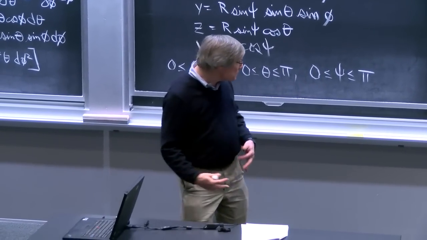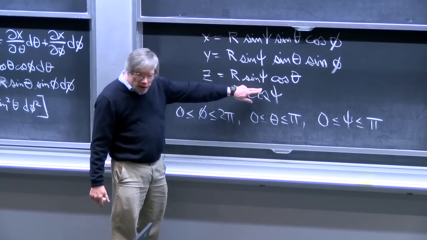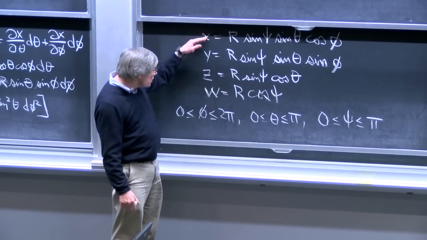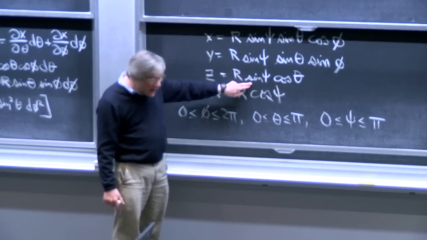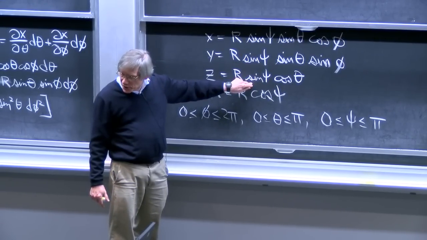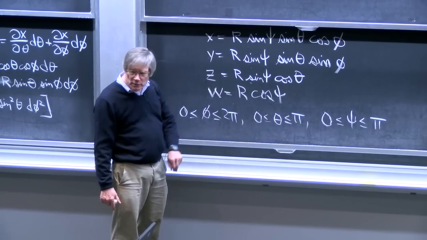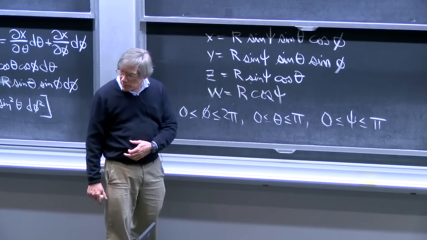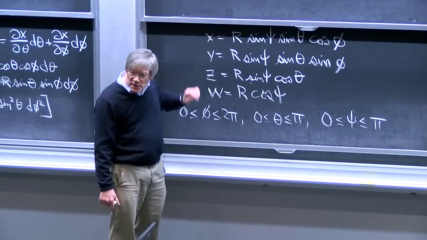So in the x, y, z space, we can look at these formulas here. As we vary psi, x, y, and z can change. But they all change by the same factor, whatever factor sine psi changes by. The same sine psi appears in all three lines. So changing psi can only multiply x, y, and z all by the same factor.